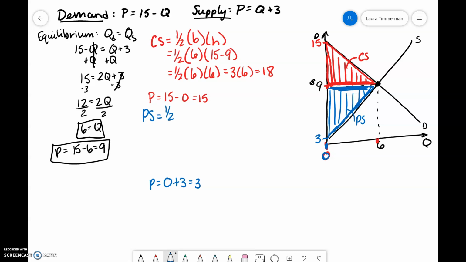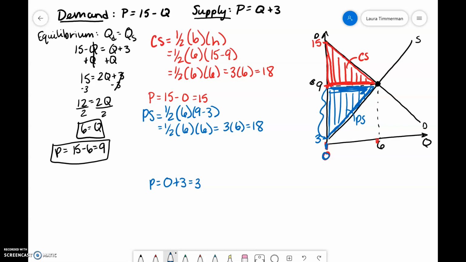So to find our area, it's 1/2 of the base, which goes from 0 to 6, times our height, which is this here, which goes from 9 to 3. So it's 1/2 of 6 times 6, which is 3, times 6, which is again 18.